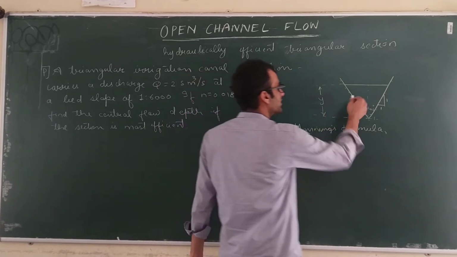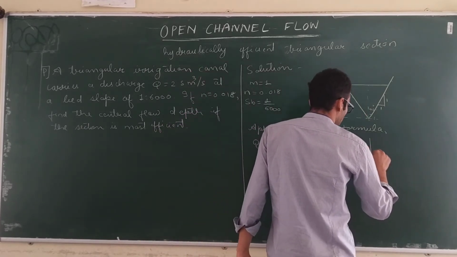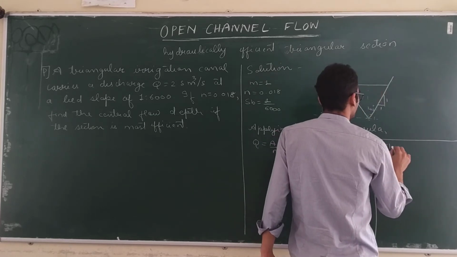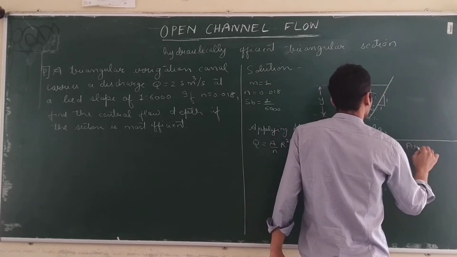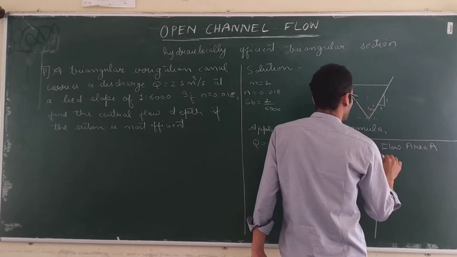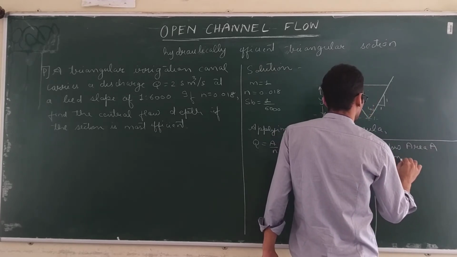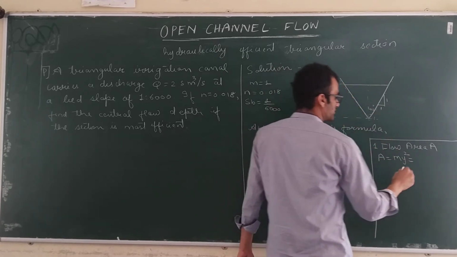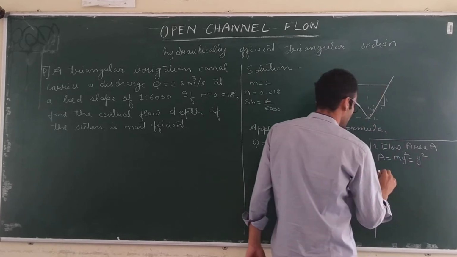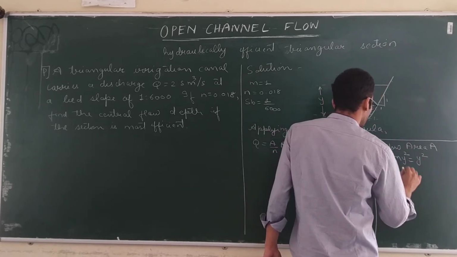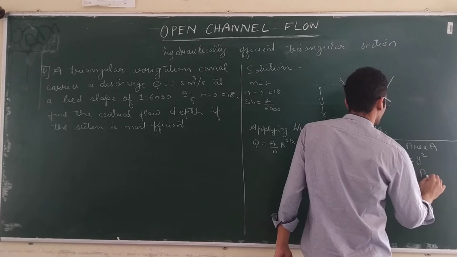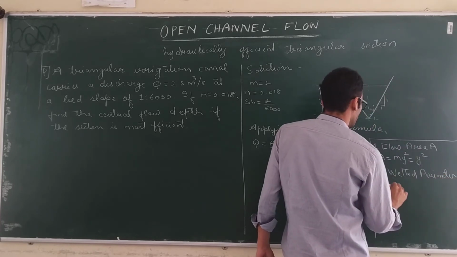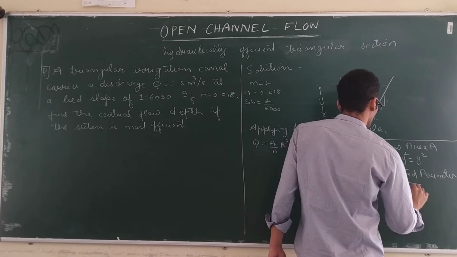Okay, so for this case what will be the flow area? Calculate the terms here. Flow area A will be equal to m y square. Okay, but here m is 1 because it is the most efficient section, so area is y square. Secondly, your wetted perimeter P is equal to twice y under root 1 plus m square.